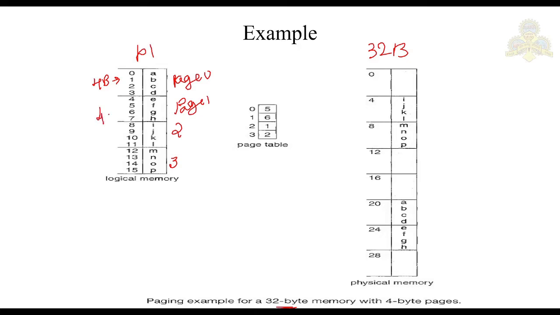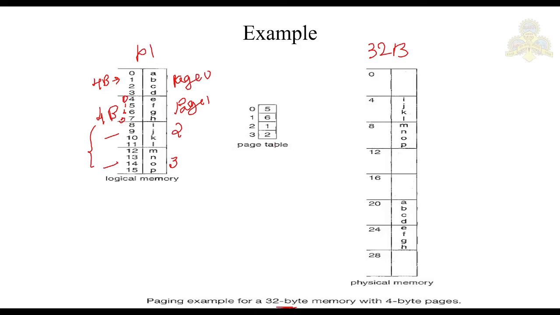Page number 1 has byte numbers 4, 5, 6, 7, but you have to read it as location 0, 1, 2, 3. So each 4-byte page is divided into 1-byte locations, and the lowest address is always 0.